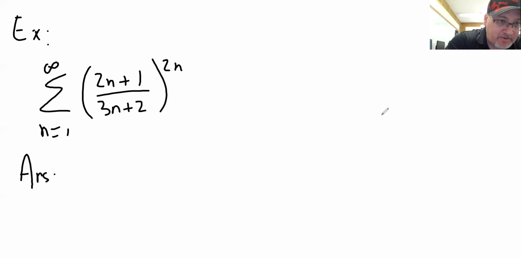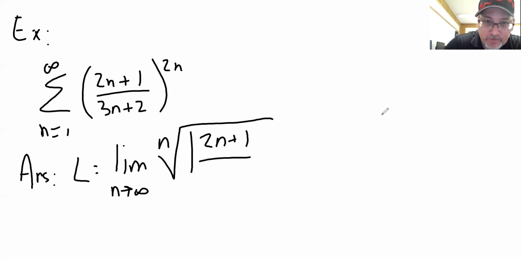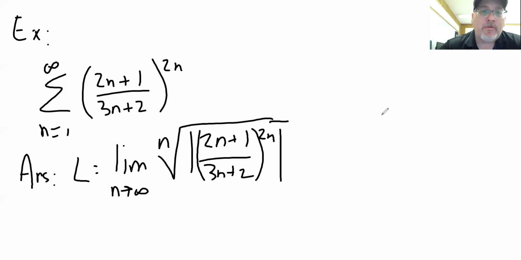We're going to let L be the limit as n approaches infinity of the nth root of the absolute value of (2n plus 1) over (3n plus 2), to the 2n power. Technically, the 2n should be inside the absolute value. So give me one second here. All right, well, first things first.